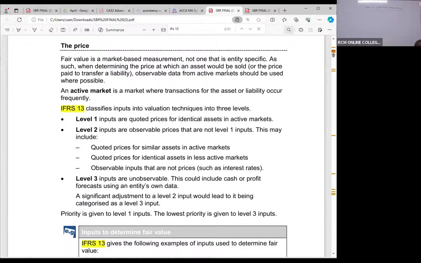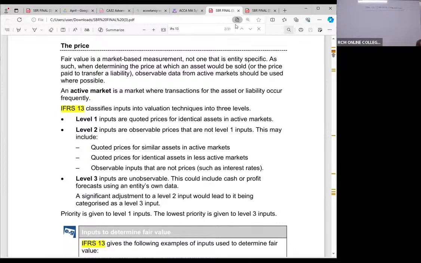Ladies and gentlemen, if you have some data that you can observe associated to similar or identical assets which have been sold at that price, then that price is the one that we shall use. Active markets.